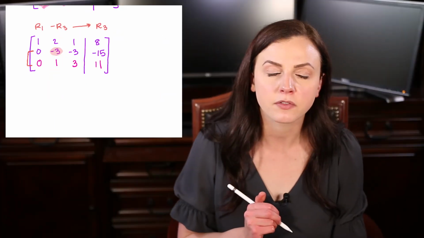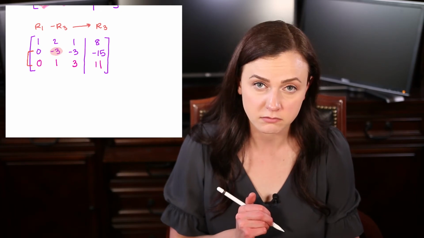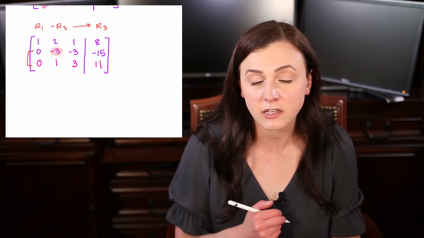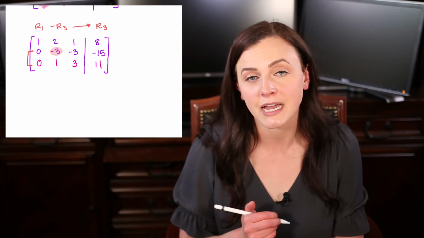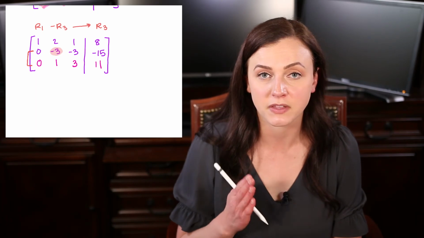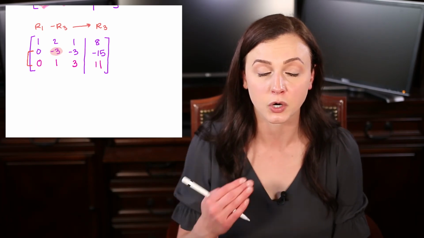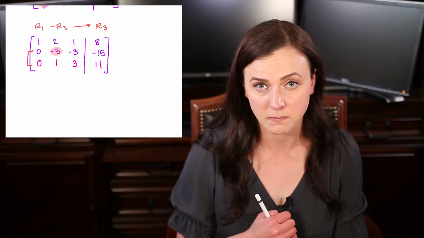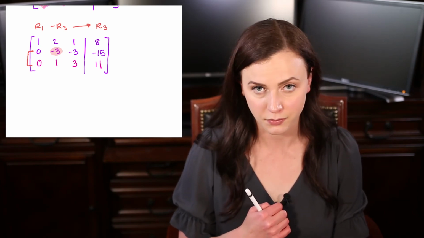And that's because both of those rows start with a 0. And so when you add them together, it will stay a 0. If you try to use row 1, you will start undoing the work that you already did. And I have students do this all the time. This is where they get stuck because they start undoing the work by trying to use row 1 again. At this point, you have to do a combination of rows 2 and 3.